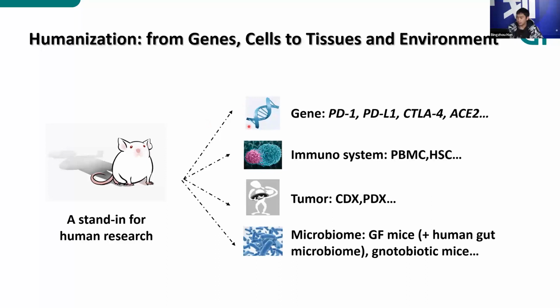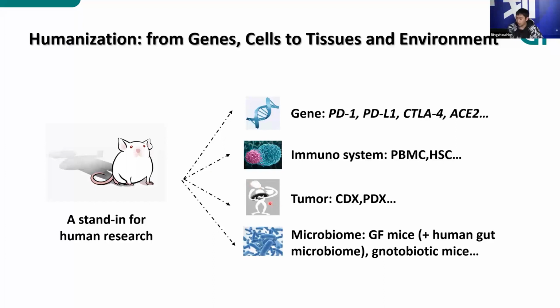So the different scales contain the gene humanization I talked about before, and the humanization of the immune system, like we could introduce peripheral blood mononuclear cells or hematopoietic stem cells into immunodeficient mice to generate a human immune system in the mice.